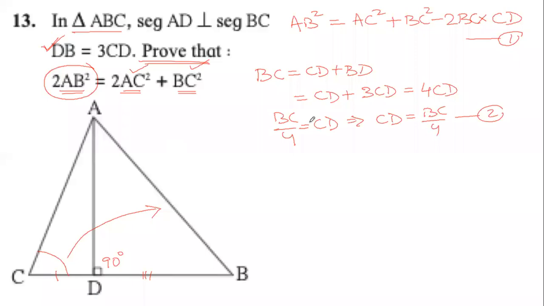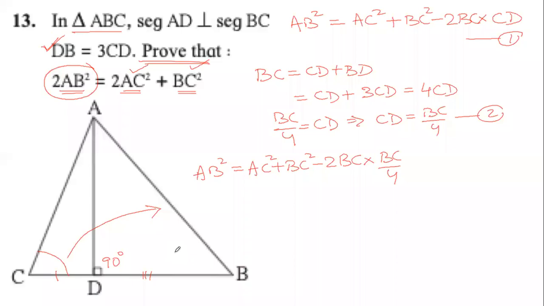Now, if we substitute this value of CD in equation 1, we get AB square equals AC square plus BC square minus 2BC multiplied by, in place of CD, we will write BC by 4.